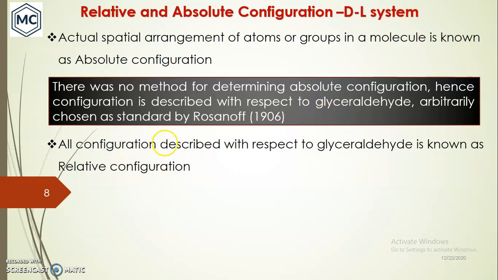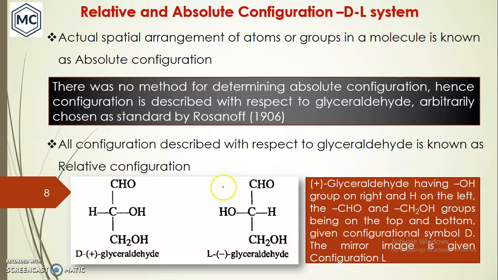So all configurations described with respect to glyceraldehyde are known as relative configuration. For example, this is the structure of glyceraldehyde and this is capital D-glyceraldehyde. This plus sign means it is dextrorotatory, which you can get from a polarimeter. And this is capital L-glyceraldehyde and this is levorotatory.